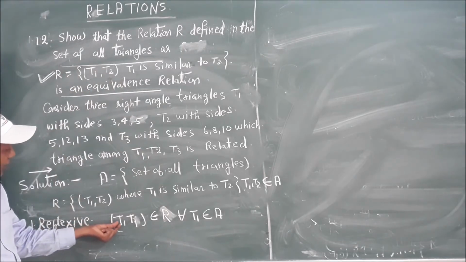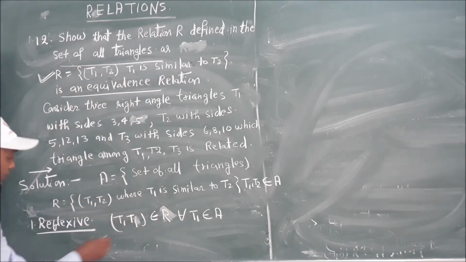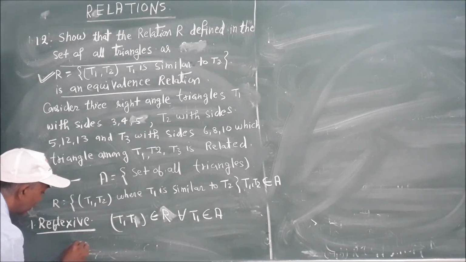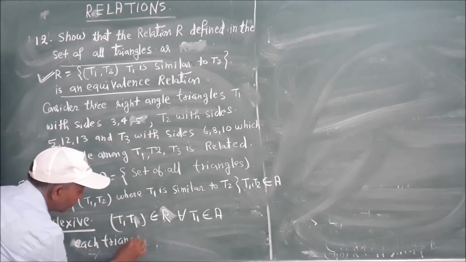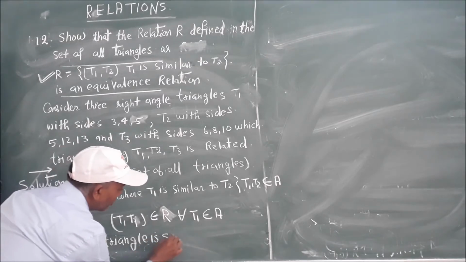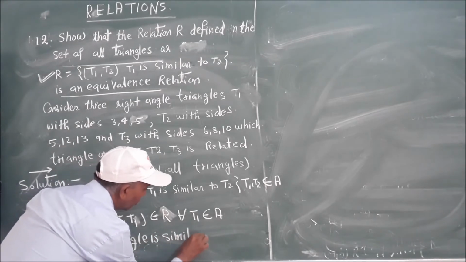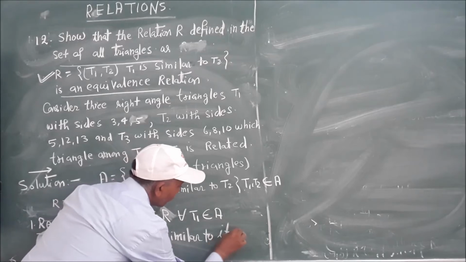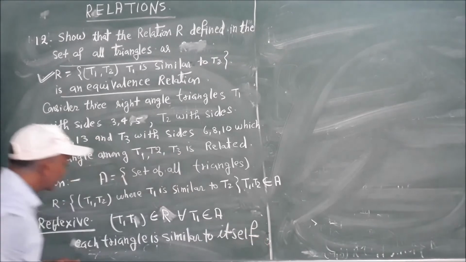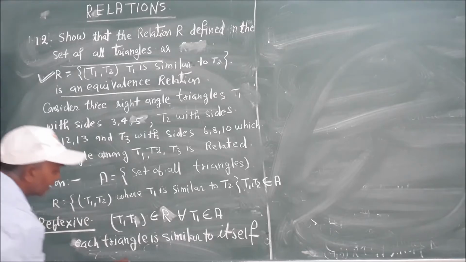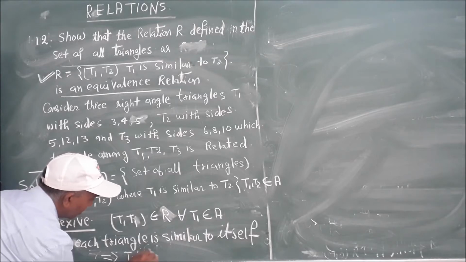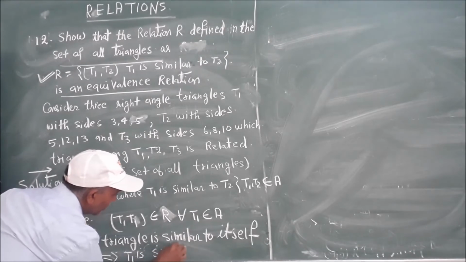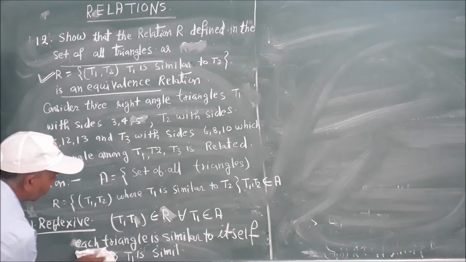So this means triangle T1 is similar to itself. We know each triangle is similar to itself. This implies T1 is similar to T1.